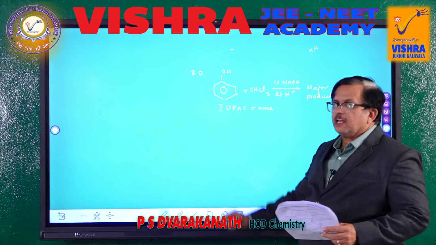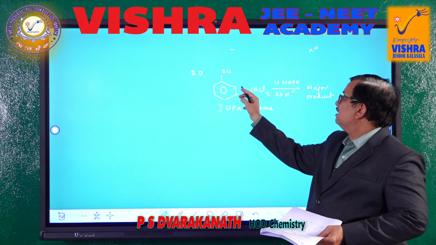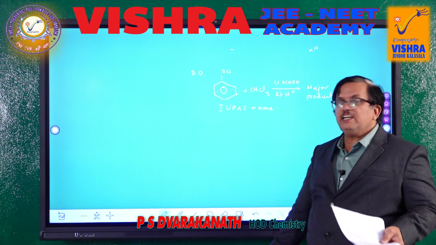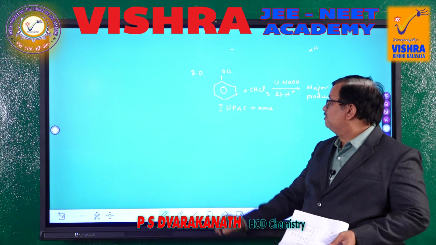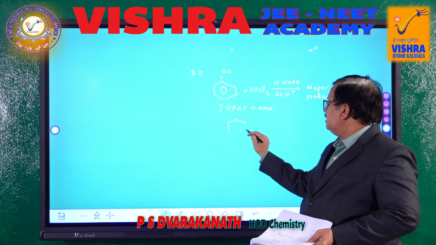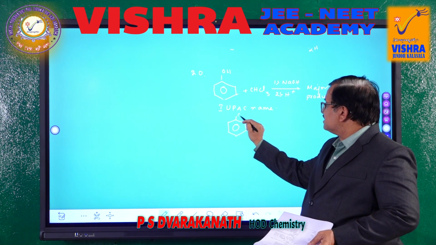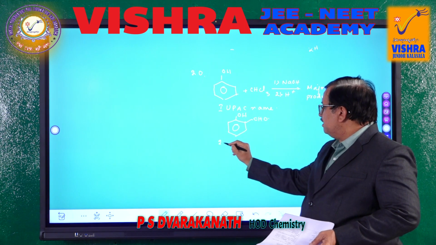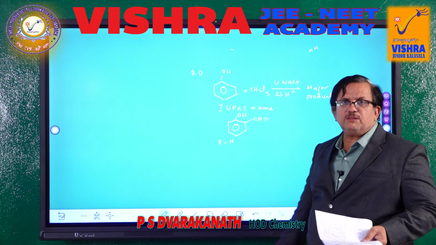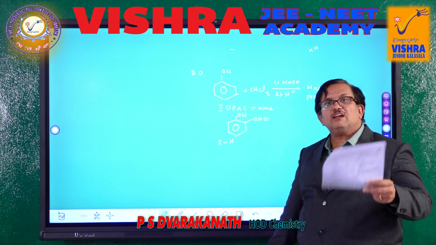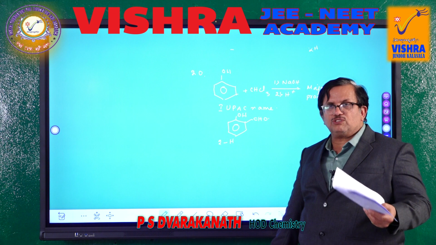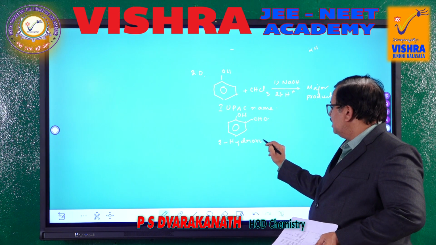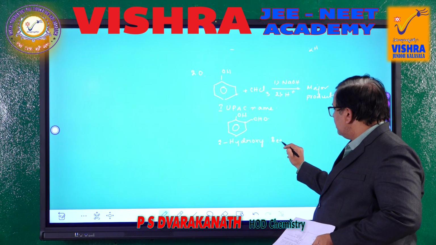Dichlorocarbene attacks the ortho position of the phenol, and when it undergoes hydrolysis, it gives 2-hydroxybenzaldehyde. What is the IUPAC name of this one? This is ortho-hydroxybenzaldehyde, or it is also called salicylaldehyde, but the IUPAC name is 2-hydroxybenzaldehyde.